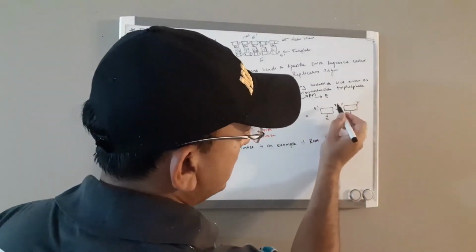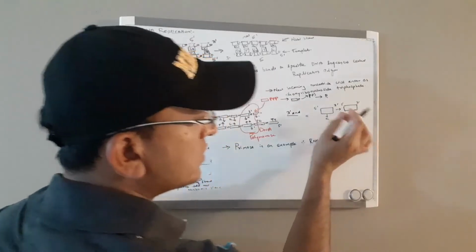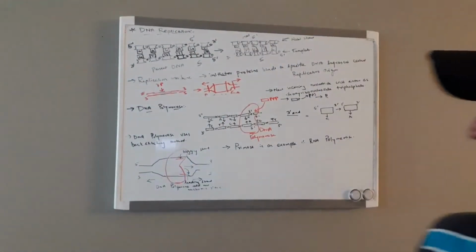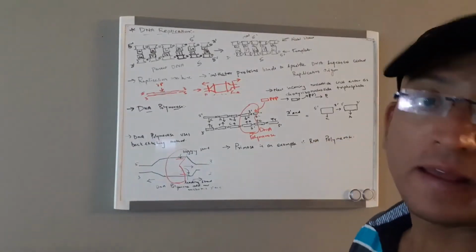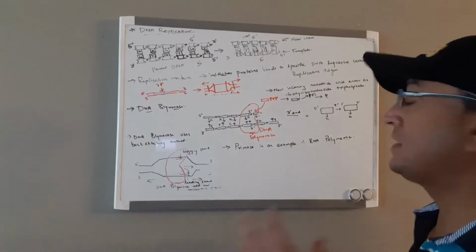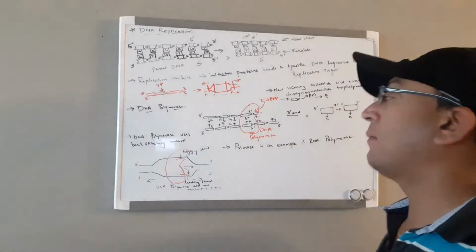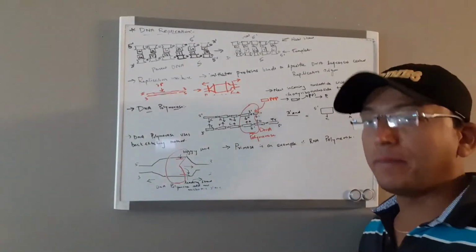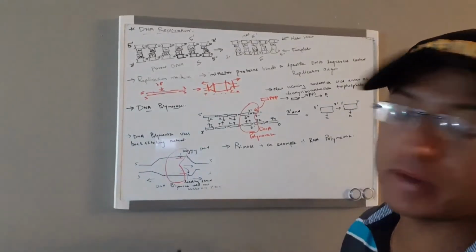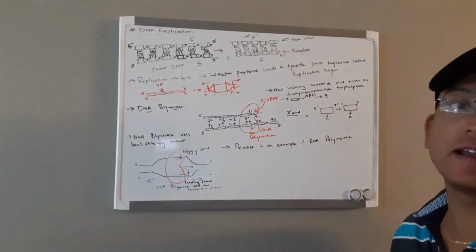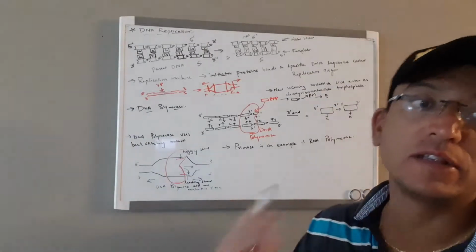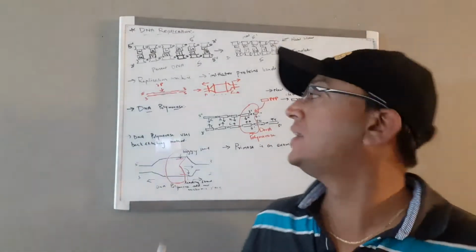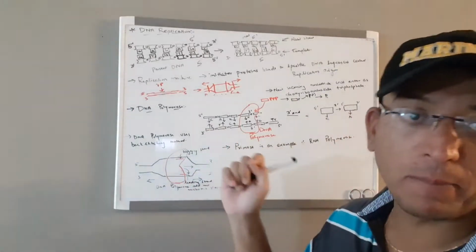So this provides the 3' end to the DNA for the process of replication to start. The enzyme that synthesizes the RNA primer is called primase, so that's why it's known as primase. And the primase is an example of RNA polymerase. So this enzyme synthesizes RNA using the DNA as a template, right?